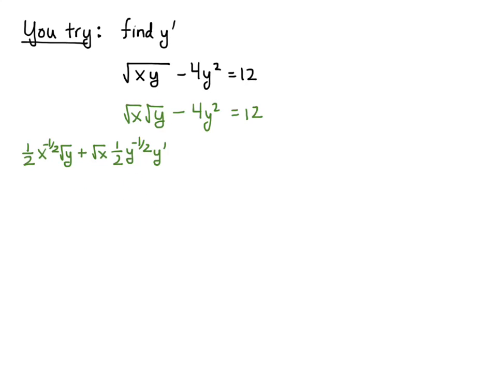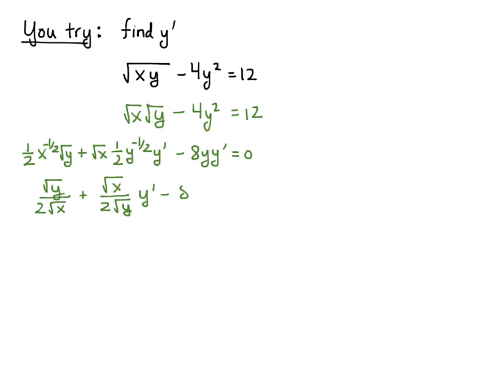And then I'm going to keep the square root of x and multiply it by the derivative of the square root of y, which is 1/2 y to the minus 1/2. And then the chain rule says I have a y prime after that. And then the next term, the derivative of negative 4y squared, and that's going to be negative 8y y prime, and the derivative of 12 is 0.